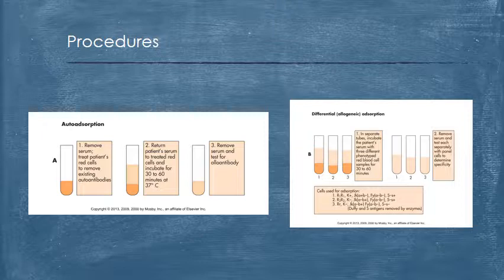So that's autoadsorption, okay? Differential allogenic ones, you're going to find different phenotyped blood cells and incubate it with those in order to remove out the antibodies that you're suspecting. Okay, it helps you to narrow down the possible autoantibodies that might be present.